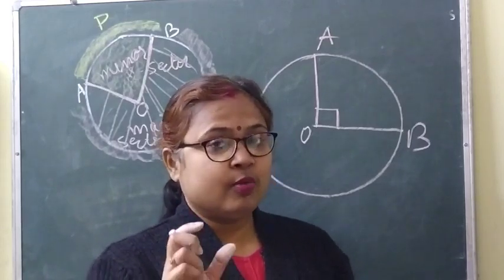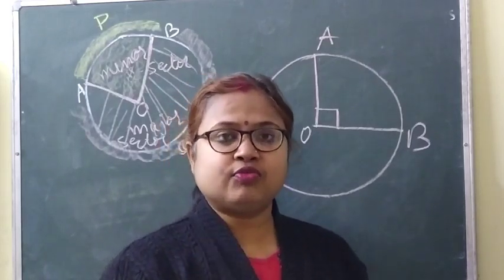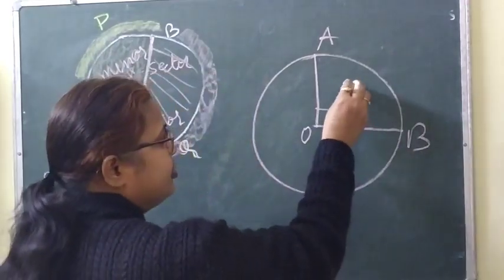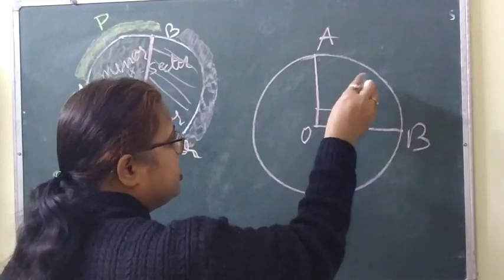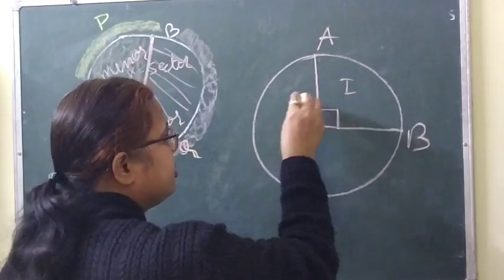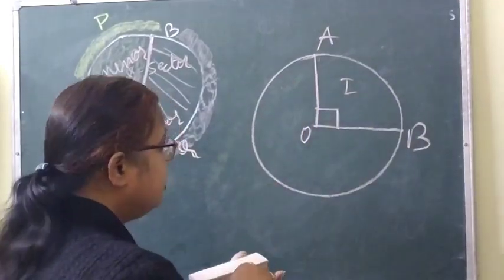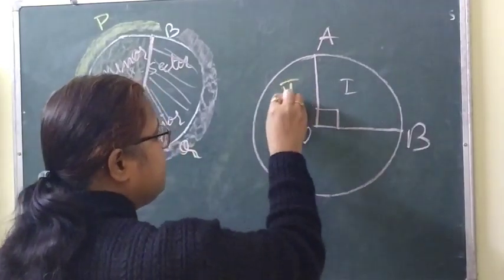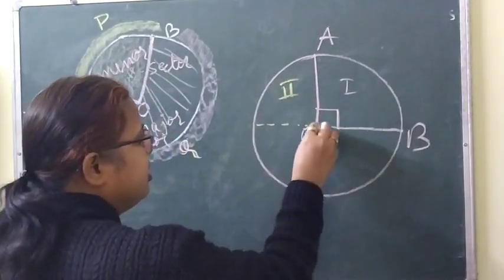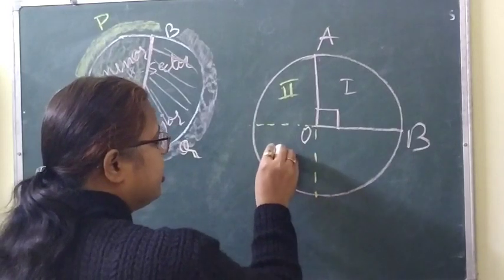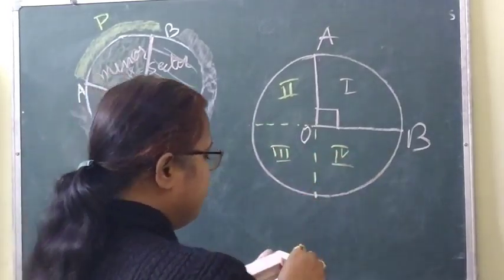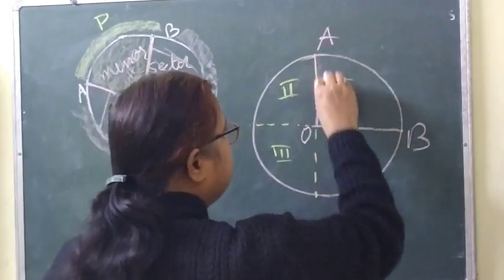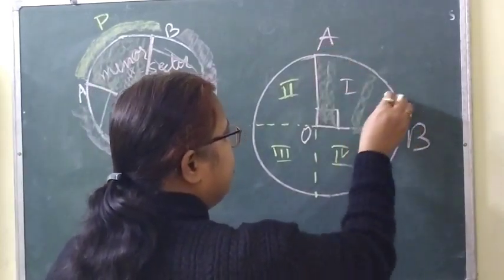What is the meaning of quadrant? One fourth. Clear? So this is the first part, this one is the second part. When we extend this one, this one is the third part, and this one is the fourth part. So one part is called a quadrant.